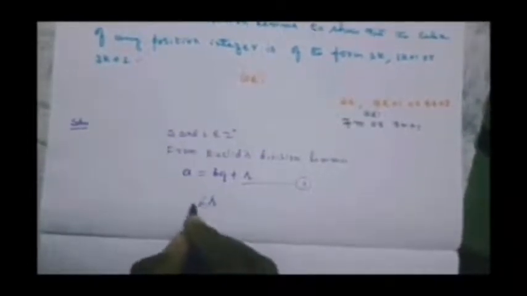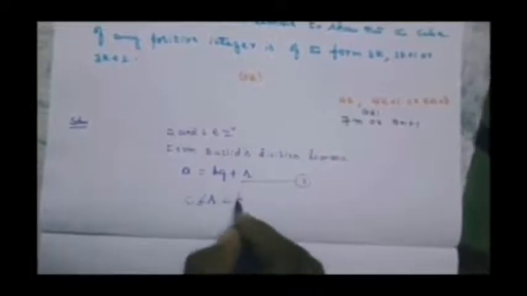From Euclid's division algorithm or Euclid's division lemma, let us write the lemma: a equals bq plus r, and the remainder r is greater than or equal to 0 but less than the divisor. Equation number 2.